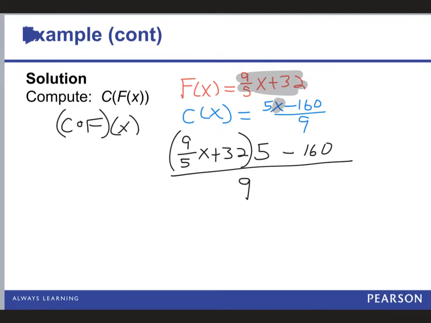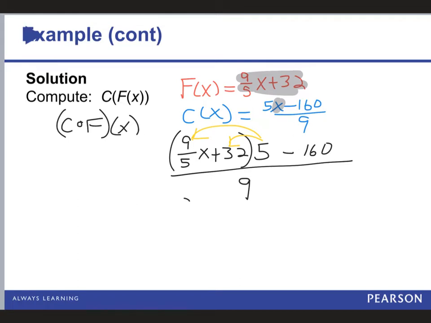So I'm going to multiply by 5, and that means we have to distribute this 5. When I multiply 9 times 5, I get 45, but then I divide by 5, and that's going to give me 9.